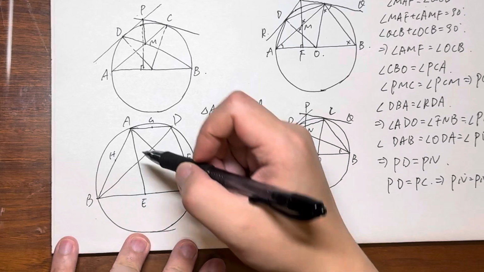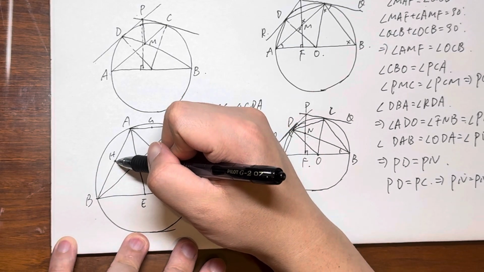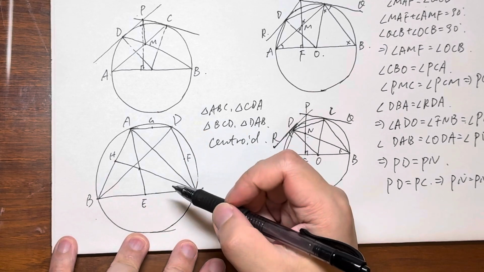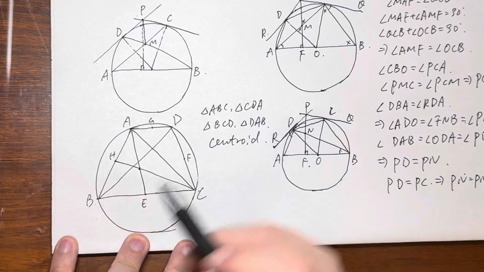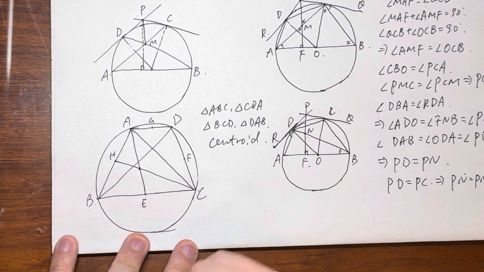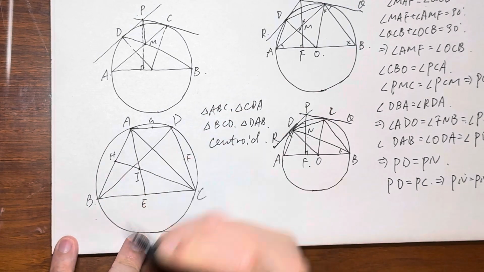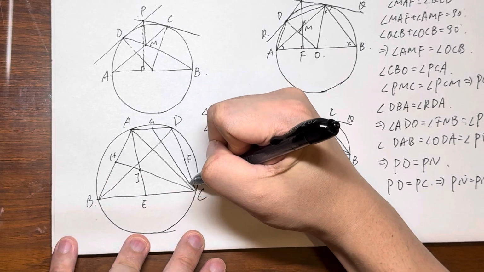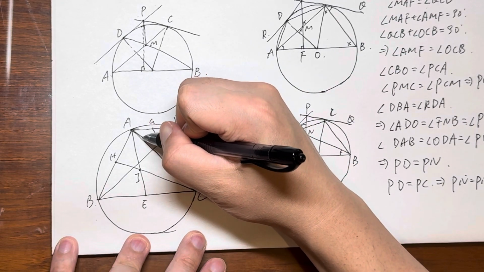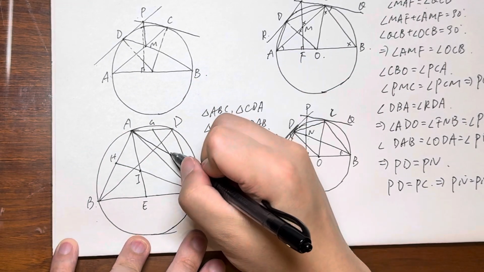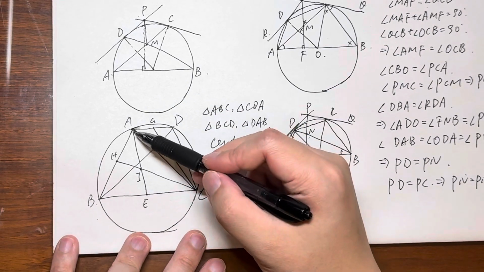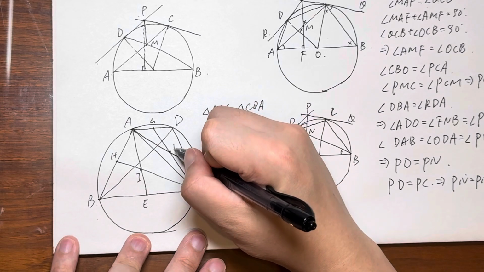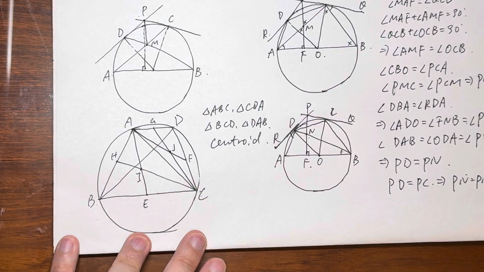If I connect AE and CH, then I find the centroid of triangle ABC. Let's call it I, right? And if I connect CG and AF, I find the centroid of triangle ADC. Let's call it J, right?